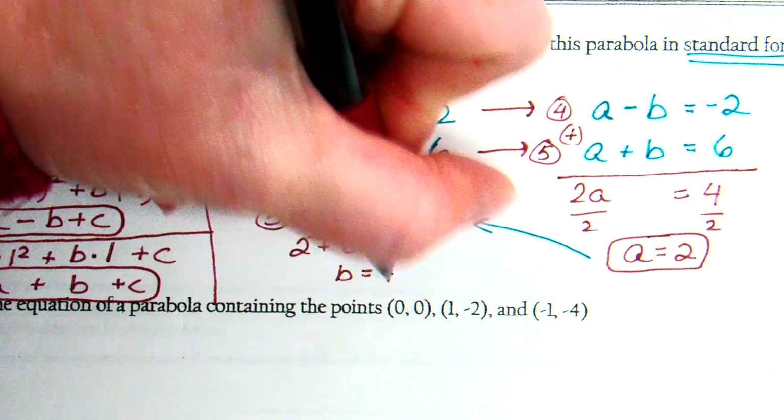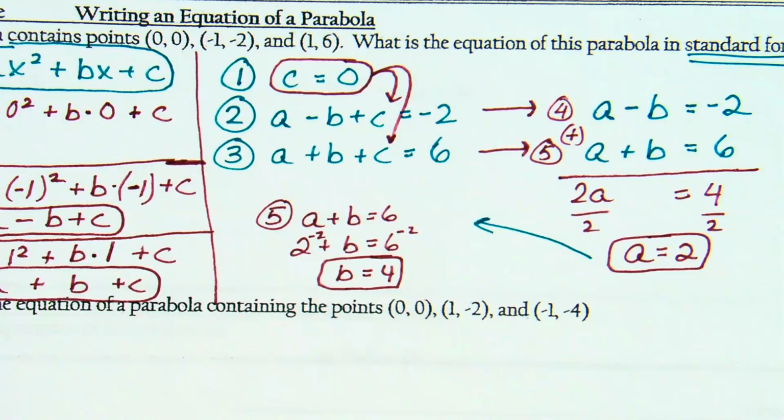Here's what it comes down to. Have you guys found the same ABCs as me? Now, last chapter, we were solving a system of 3 equations. We wrote an ordered triple. What did this problem ask me to do? Standard form. Standard form is ax squared plus bx plus c.